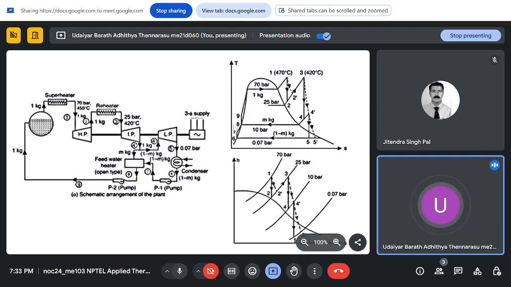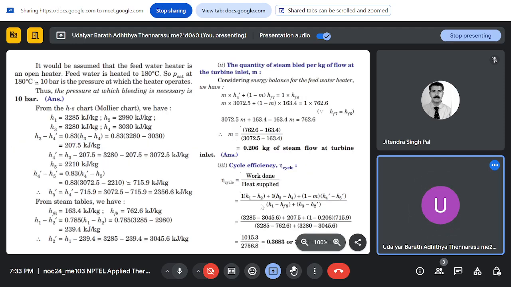So the total heat added is between states 8 and 1, and 2 and 3. Substituting all the enthalpy values, it comes out to be 36.83%. So the efficiency of the cycle here is 36.83%.